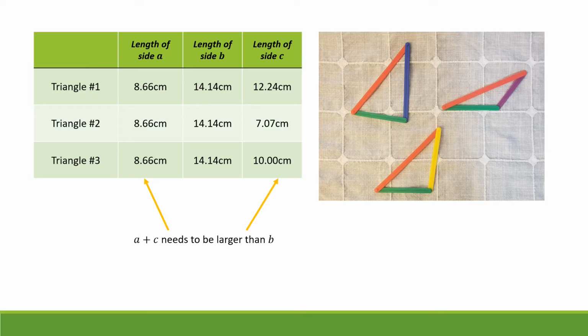By checking the algebra, the longest side, 14.14, is smaller than, say, 8.66 plus 10, which adds up to 18.66. So it seems that to form a triangle, I would need two sides adding up to be greater than one of the sides.